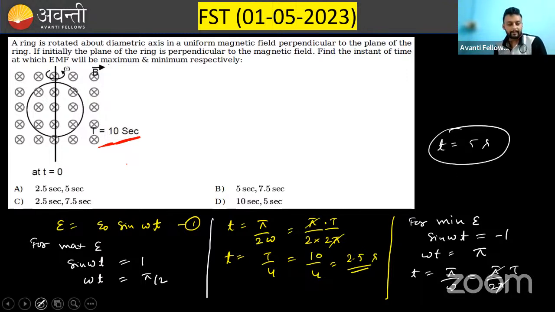Which option is correct according to this, 2.5 and 5 seconds? That is option A. Clear? This equation, I think you have studied in the AC generator.